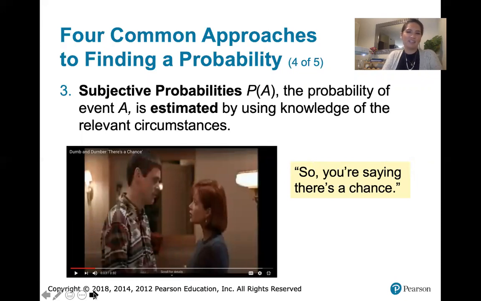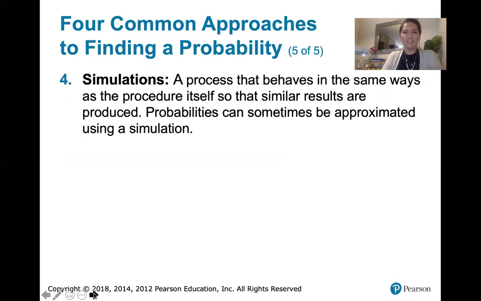Now, simulations, as I mentioned before, are a process that behaves in the same way as the procedure itself so that similar results are produced. This is where you're not actually seeing something happen, but you are simulating that something happening. As you simulate that thing happening over and over again, you can count the number of times that the event A that you were interested in occurred in the simulation.